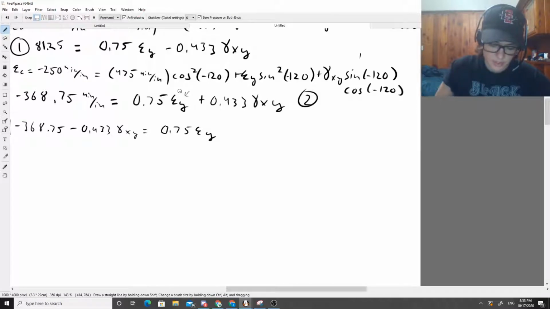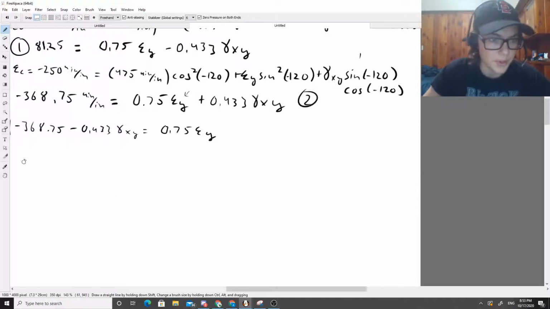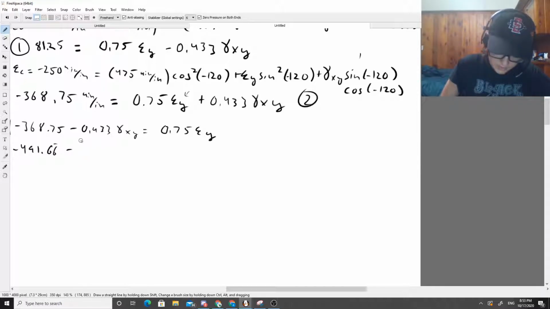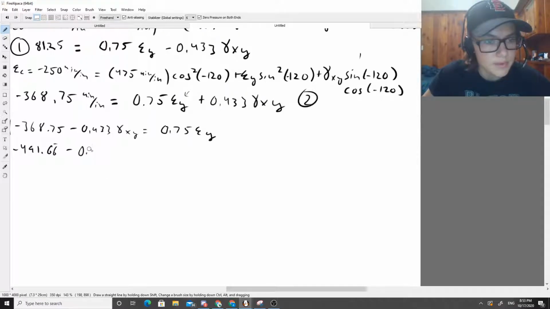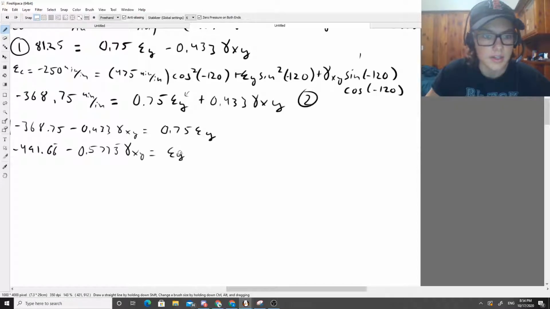And then, of course, we will take 368.75 divided by 0.75, and that's going to be equal to negative 491.666 minus, 0.433 divided by 0.75 is equal to 0.57733 gamma xy. And that's equal to our strain at y.